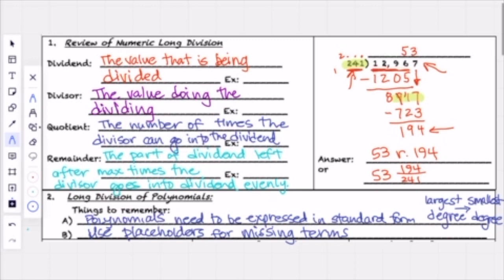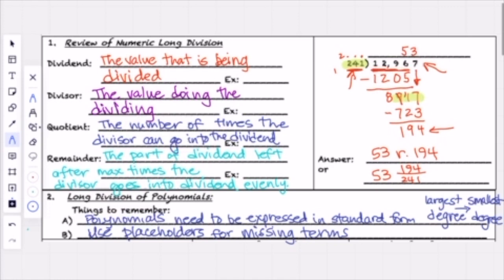I should have a second degree, I should have a first degree, and I should have a 0 degree or constant. Okay, so anything that's missing, even if the constant's missing, we want to use placeholders. That's going to help us keep our work organized and easy to follow.